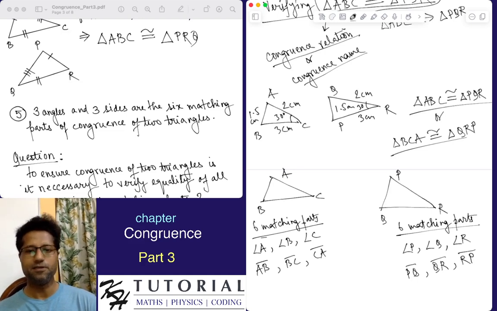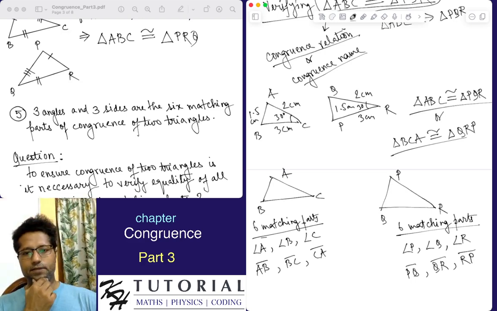This essentially means that when I try to verify whether a triangle is congruent to another triangle, I need to match the three angles and the three sides of the triangle to the corresponding angles and sides of another triangle. Okay.